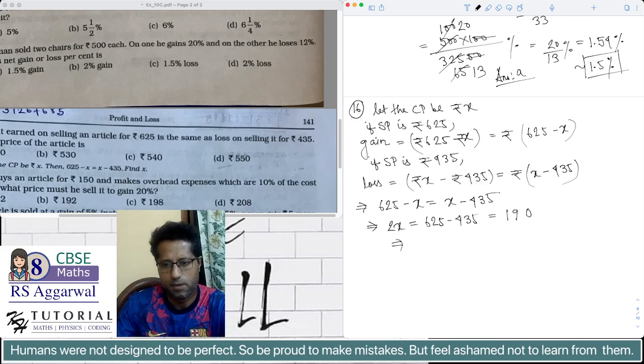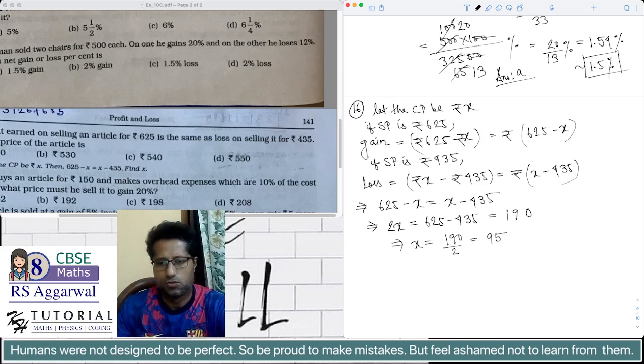This implies X is equal to 190 divided by 2, which is equal to 95. So the cost price is rupees 95.